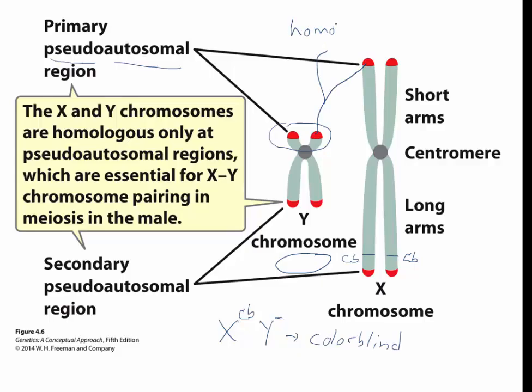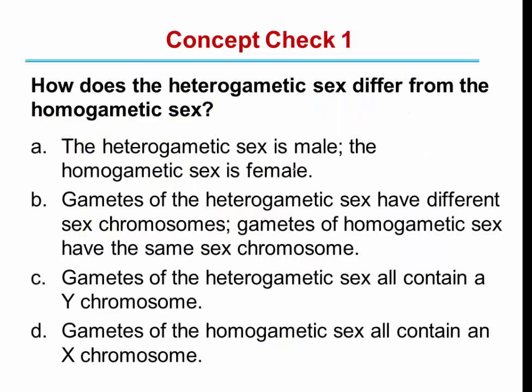They can pair up during meiosis, and they can even do crossing over. If you have a gene in this region, it'll be inherited in a more autosomal pattern. But if you have genes anywhere else on the X chromosome, it'll be an X-linked pattern, and there are some genes on the Y, which give a Y-linked pattern of inheritance.